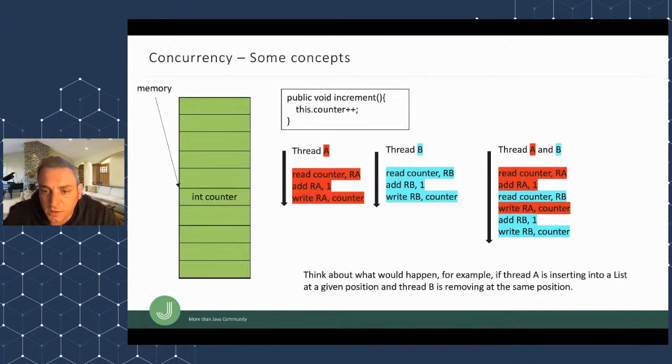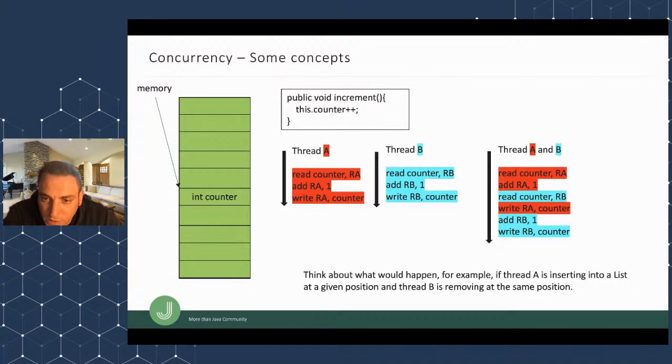Assume that the initial value for the counter is 0. Thread A reads into the register the value 0 and sums 1 to it, so in register A we have 1 now. Thread B is going to read the counter now, and it's going to read 0 itself.